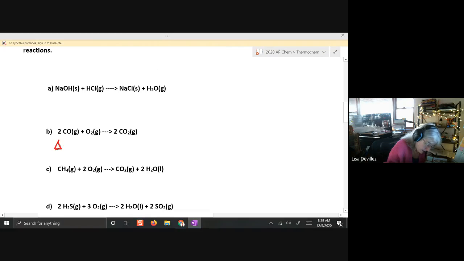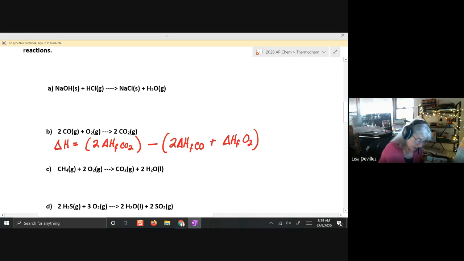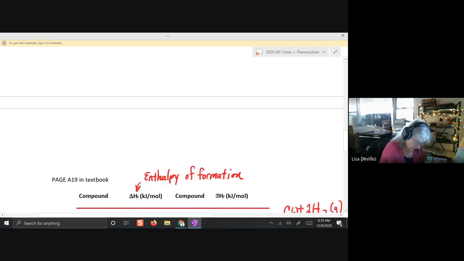So the delta H for this reaction, I'm going to just write it, is going to be 2 times the delta H of formation of CO2 minus 2 times the delta H of formation of carbon monoxide plus the delta H of formation of oxygen. So we would go and look up those values.